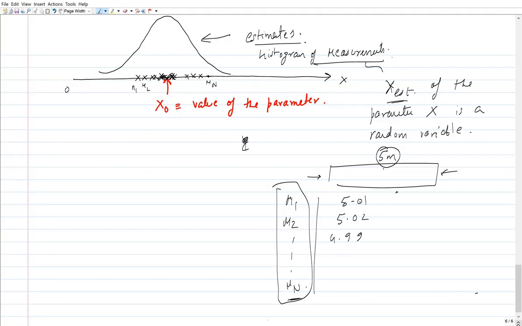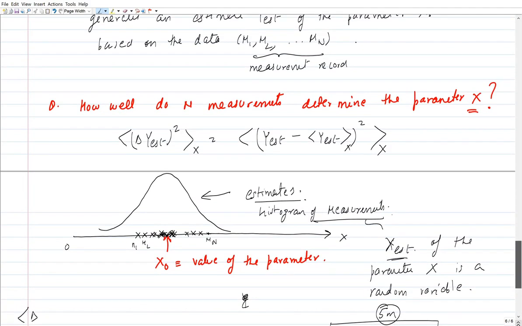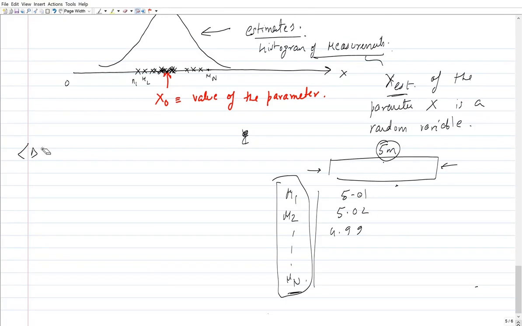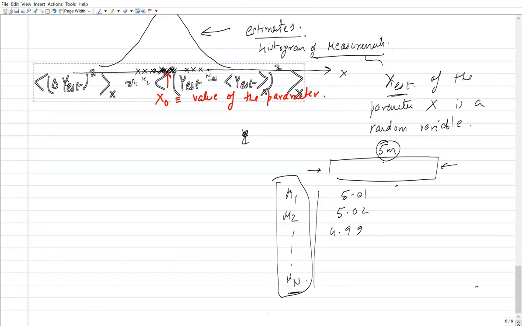So one of the ways to benchmark the quality of my estimation process, the obvious candidate, is what we've already mentioned. I'll write it down again: the variance. This guy.